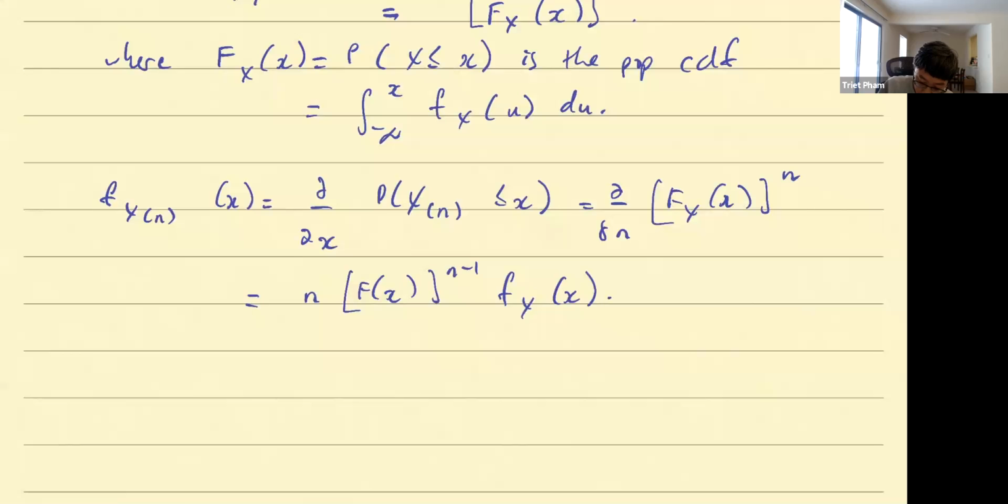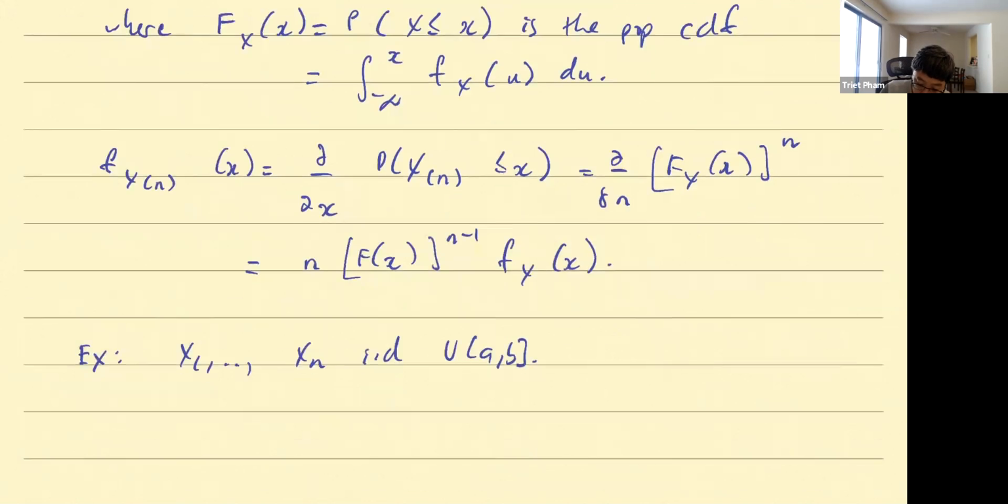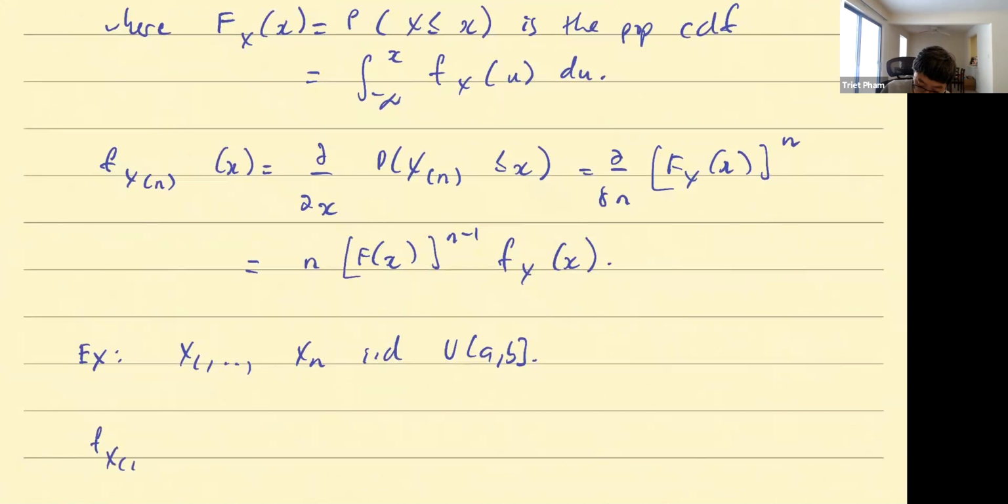Okay. So for example, let's say that X1 up to Xn are IID uniform(a, b). What is the density of the max? Well, here's the formula.